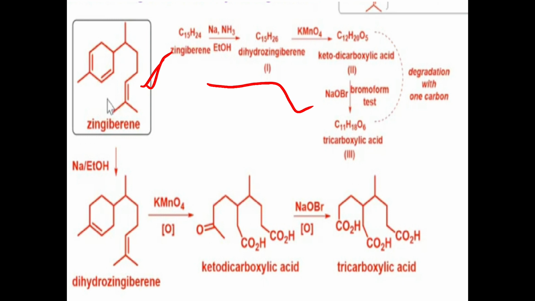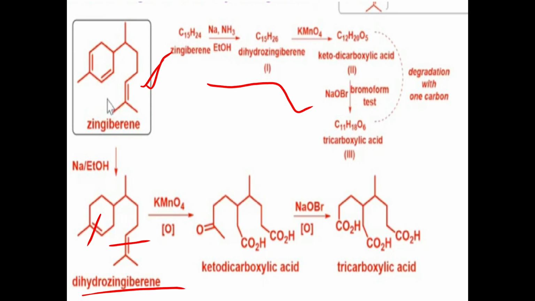So, when zingiberene is treated with sodium in liquid ammonia and ethanol, it forms a dihydrozingiberene by the addition of one hydrogen molecule, and which on oxidation with KMnO4 can be converted into keto dicarboxylic acid. By the oxidation of these two double bonds, it can be converted into keto dicarboxylic acid.